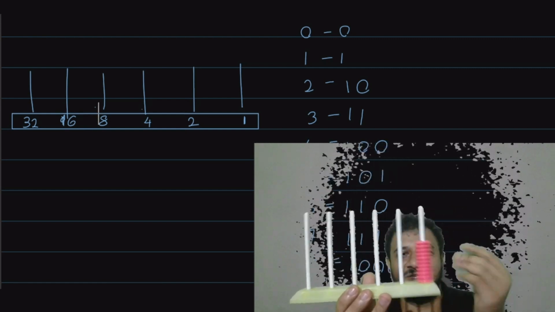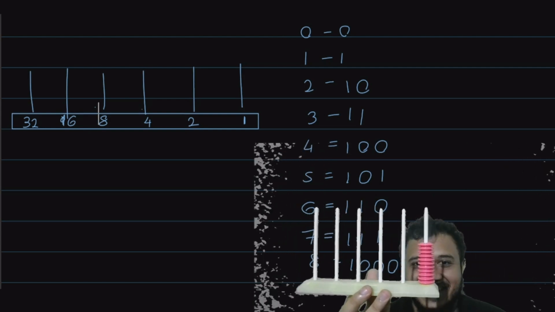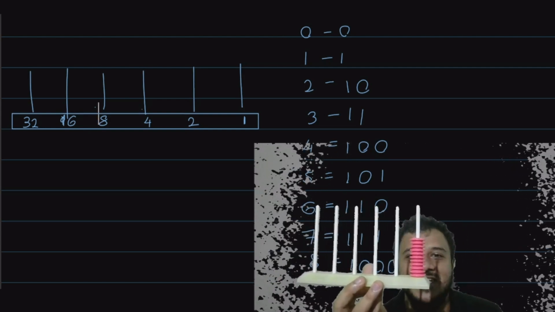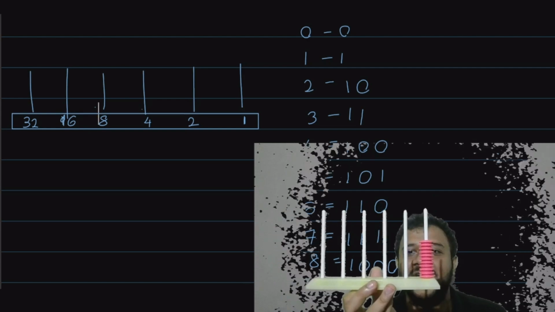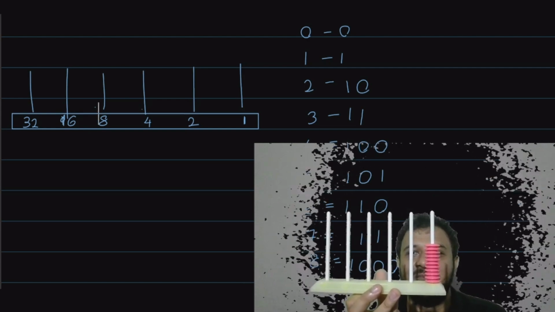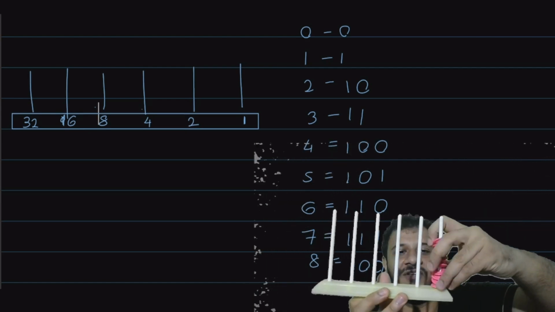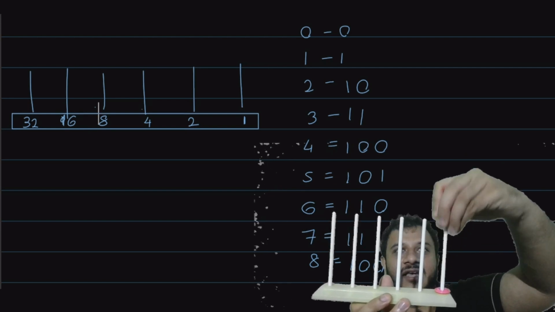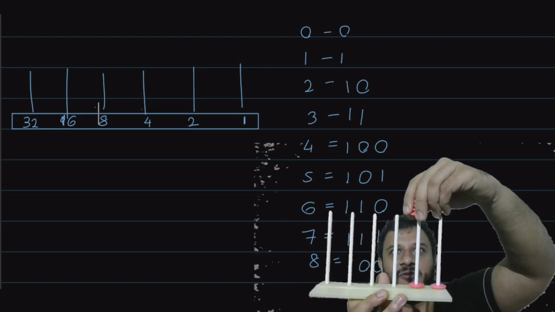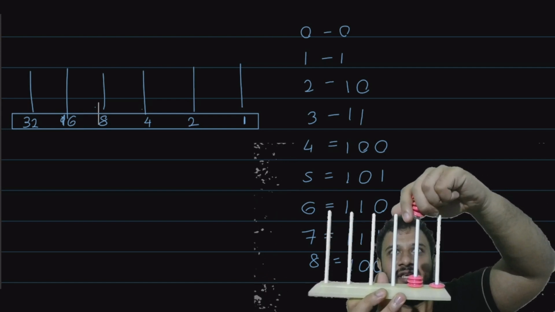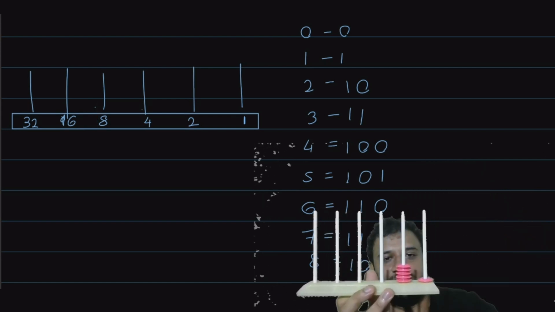In binary numbers you can have only ones and zeros. How many groups of 2s can I make here? In 11, how many groups of 2s can I make? 5, then leftover is a 1, right? So the leftover 1 will be left over here. I can make this and put a 5 to the neighbor. 1, 2, 3, 4, 5.